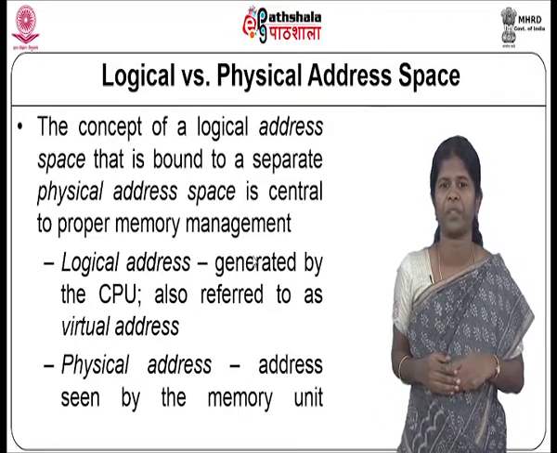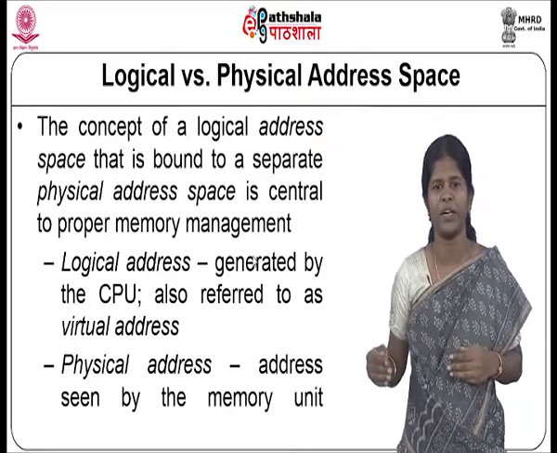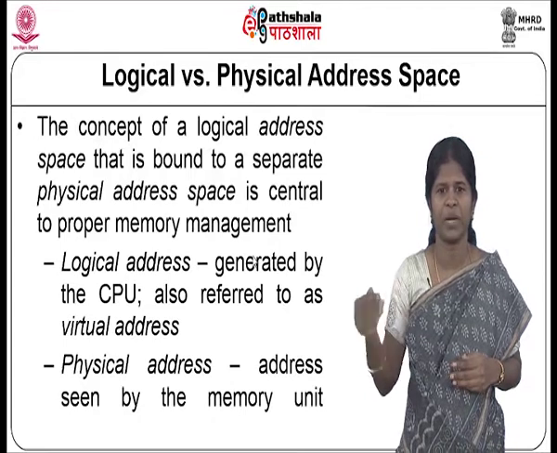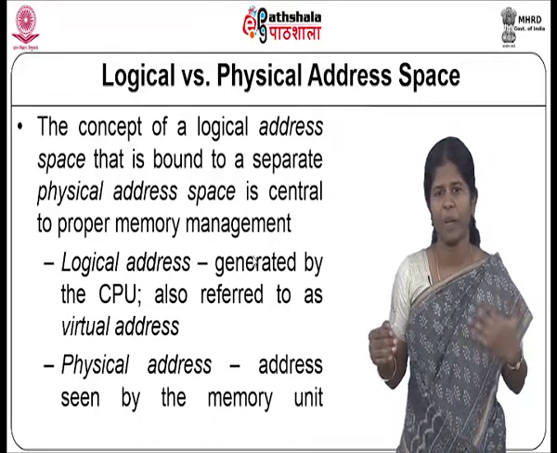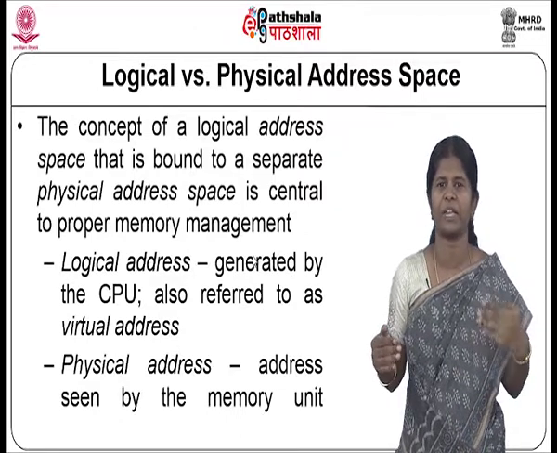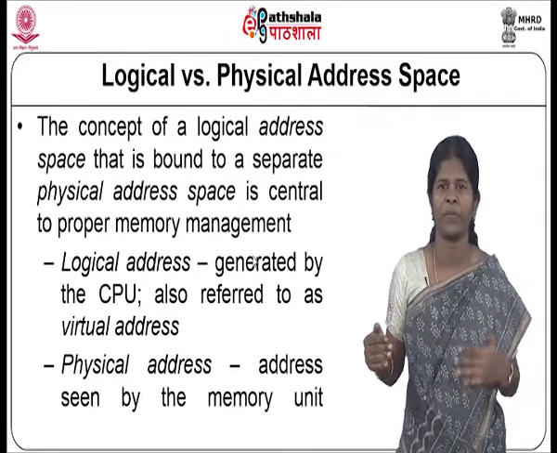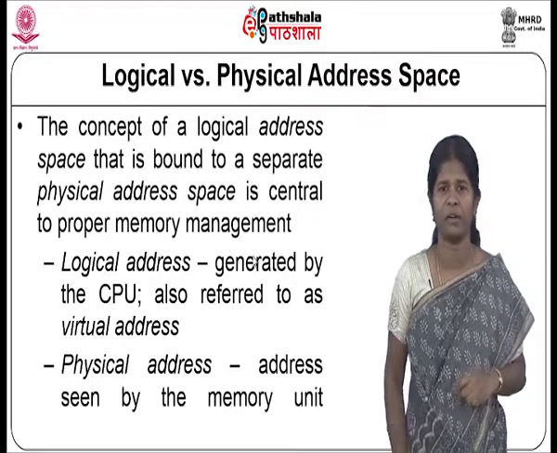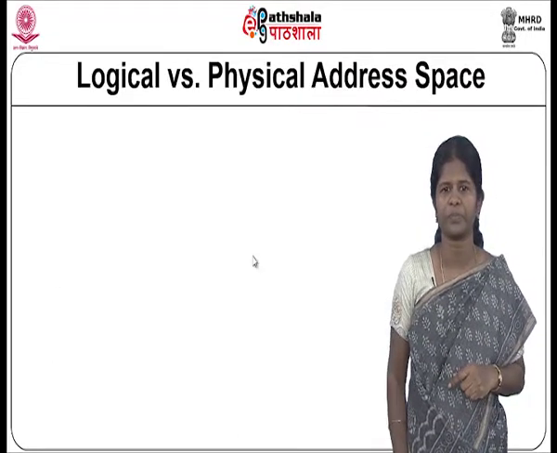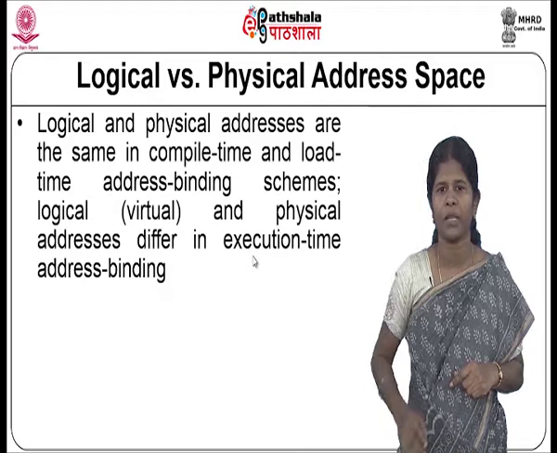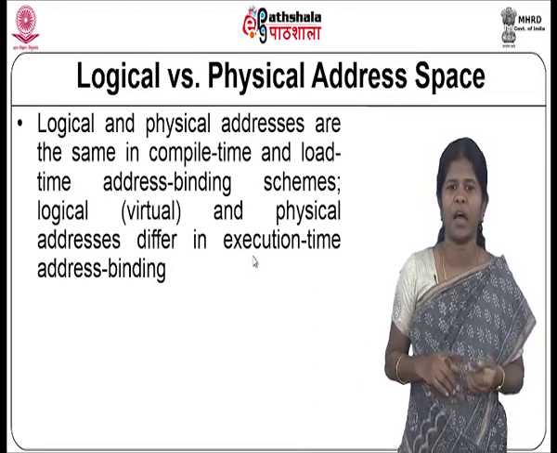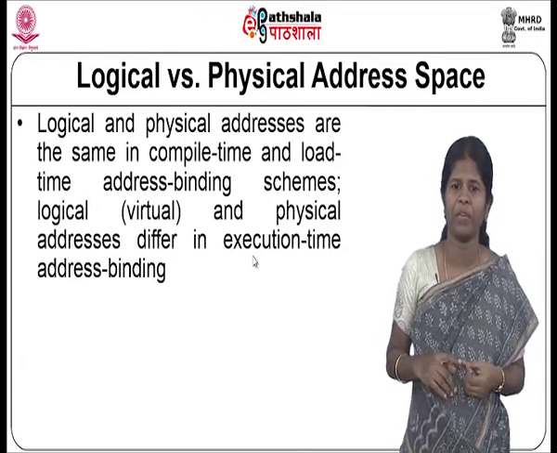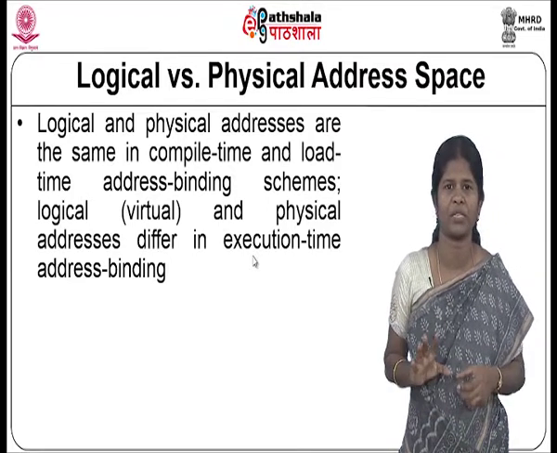So, this logical address is the address that is generated by the CPU, and this is also called the virtual address, but the physical address is the address that is actually seen by the memory unit, where it is exactly placed in the main memory. And the logical and physical addresses are the same in compile time and load time address binding schemes.